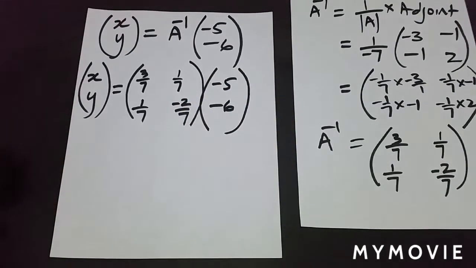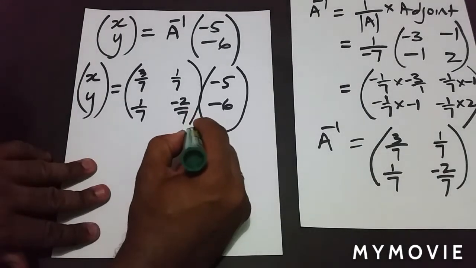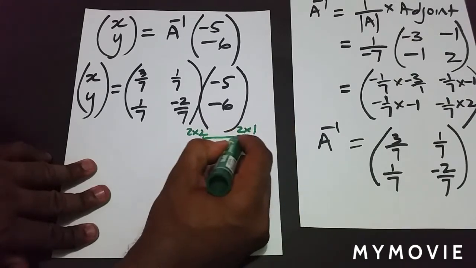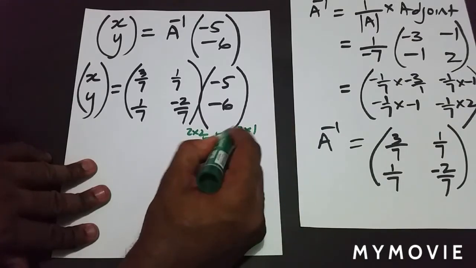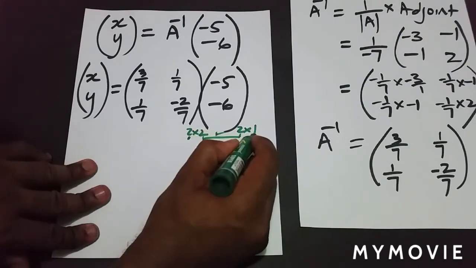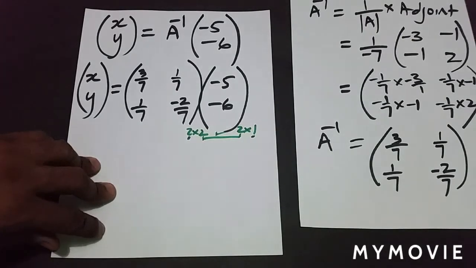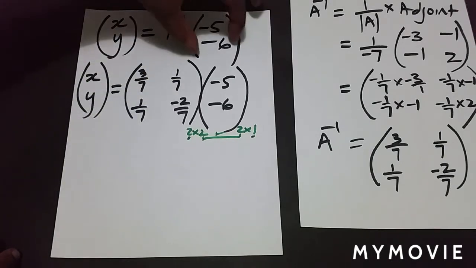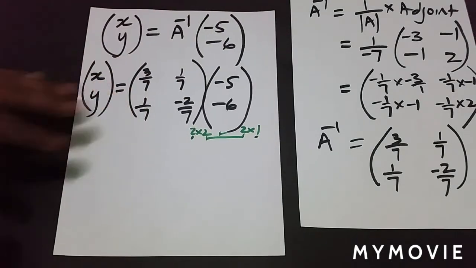Now what is happening here is that we're multiplying a 2×2 matrix by a 2×1. And we know that we're good to go because the two inner letters are the same. That means we can multiply, and we should end up with a 2×1 matrix. And a 2×1 matrix essentially looks like this. So we're going to end up with that.